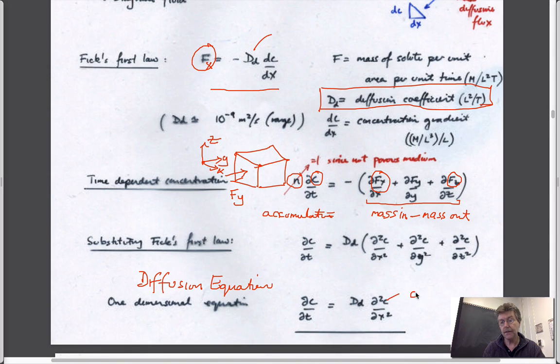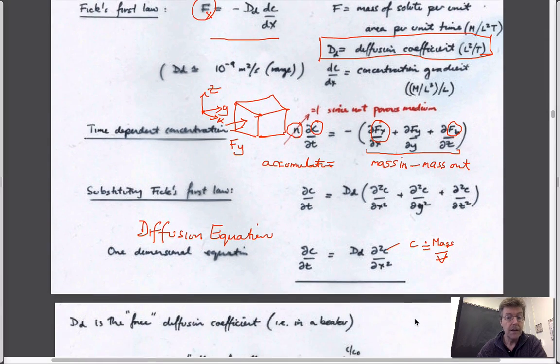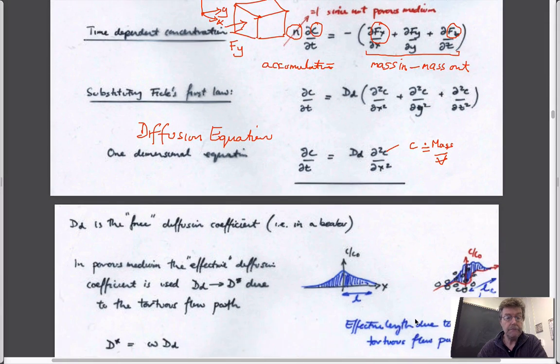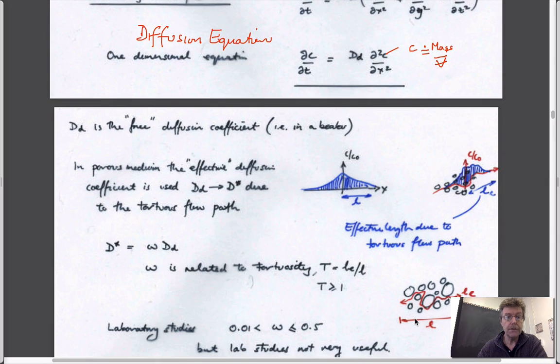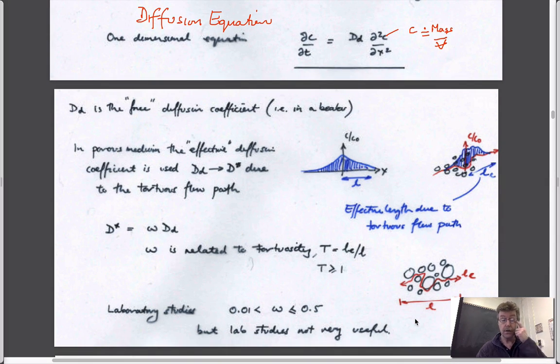Typically C is in terms of mass per length cubed. That's my expression to talk about the equivalent units, which we've used before. And so that's the diffusion equation. It's not so important for us to solve these equations, but to realize what it means.